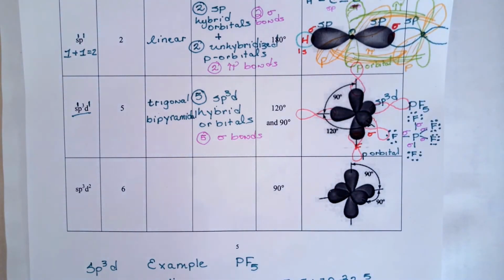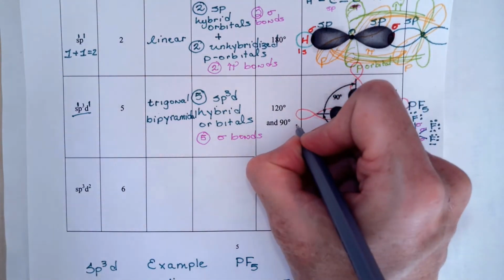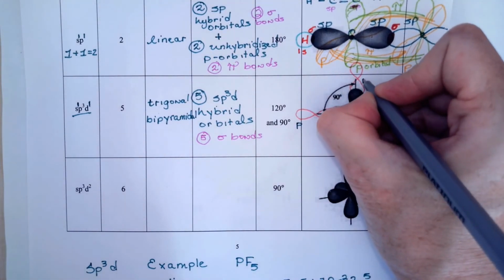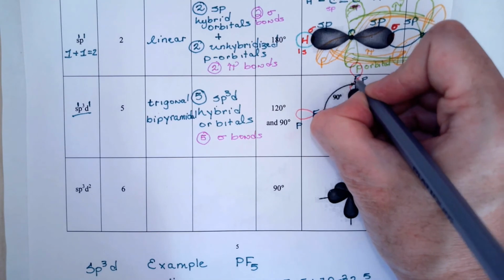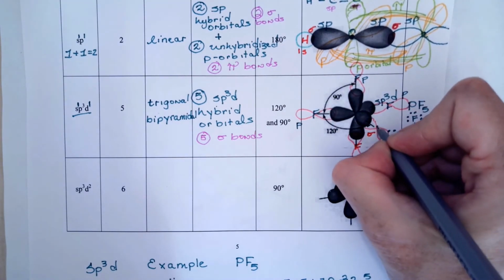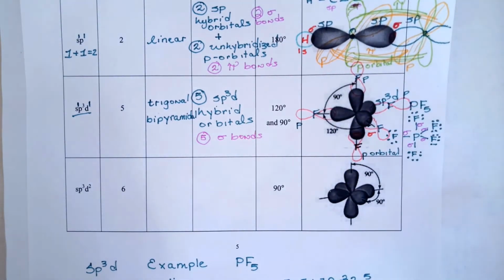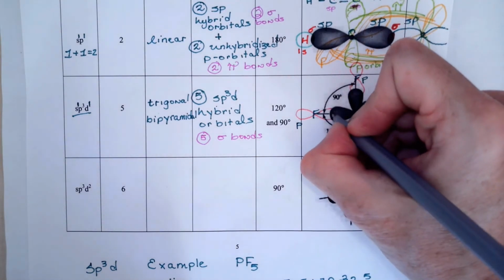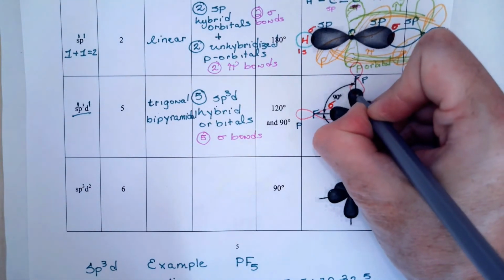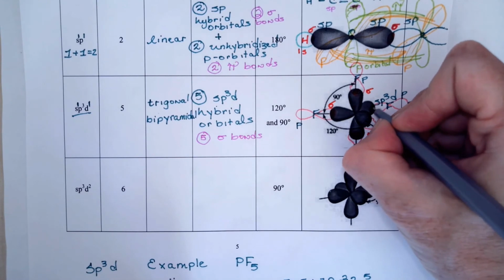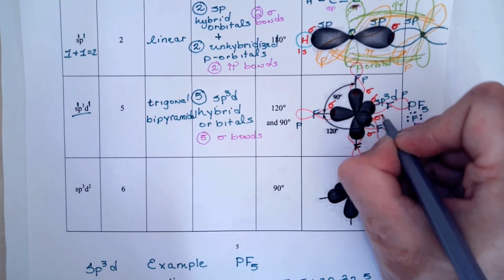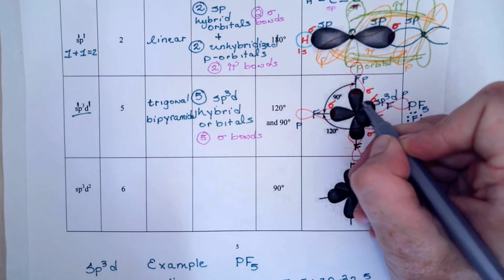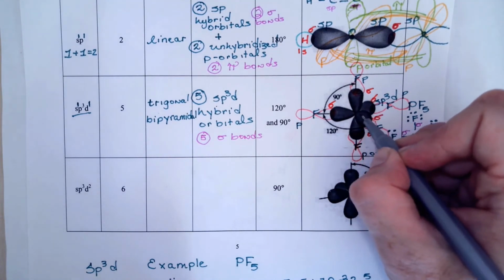So everything drawn in pink is a p orbital, 2 lobes, and they all belong to fluorine. 1, 2, 3, 4, 5, and they all exhibit end-to-end overlap. And we can label all these areas of end-to-end overlap as sigma bonds. And these are the hybrid orbitals of the phosphorus.